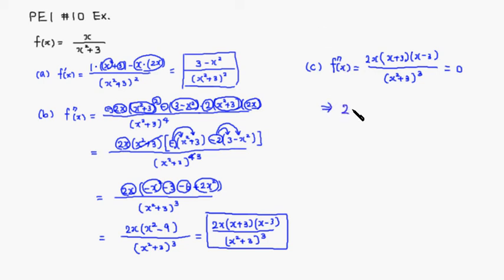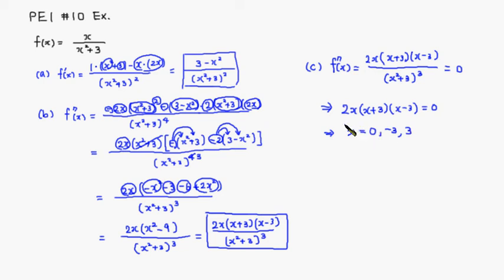So you have 2x times quantity x plus 3 times quantity x minus 3 equals 0, which implies that x equals 0, x equals negative 3, and x equals positive 3.